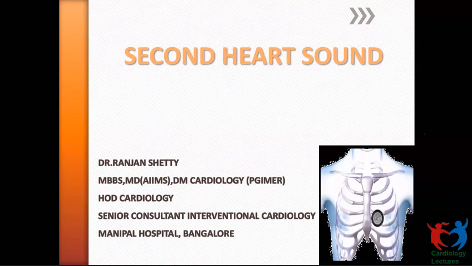Unlike S1, you can't say S2 is normal. Most of us, when we write notes or talk, have a habit of saying S1, S2 normal. I can guarantee you that hardly any of your cases will have a normal S2. If your S2 is normal, it's practically a normal heart, and you don't have a case to present. So S2 almost always is abnormal.